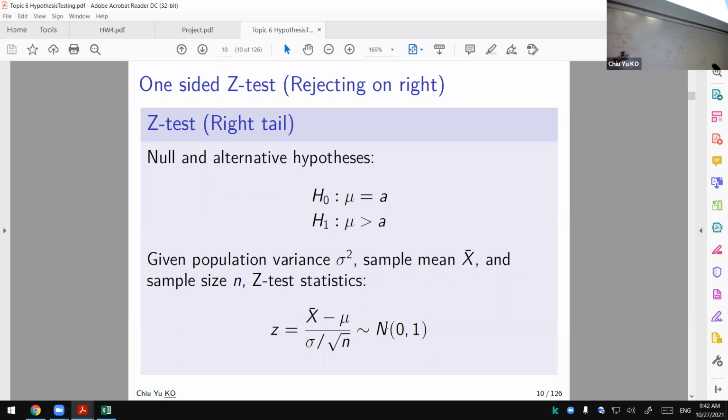If it is within the blue region, this is the rejection region. If it is within here, you'll be within here. If outside the region, it's also outside the region. So basically what you're checking is this number, which we call the test statistic.